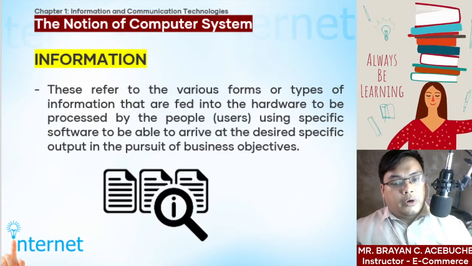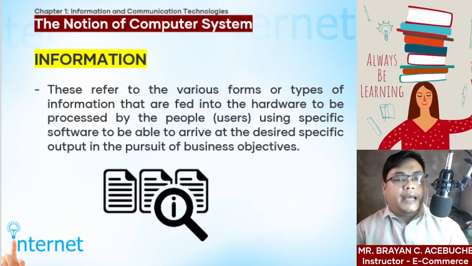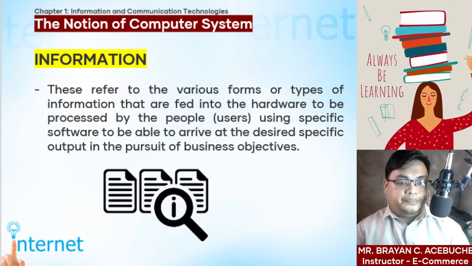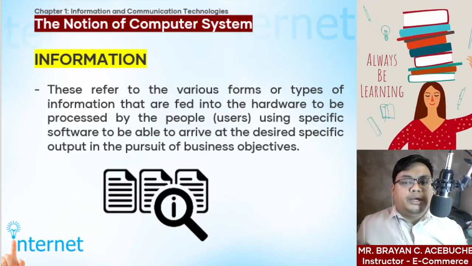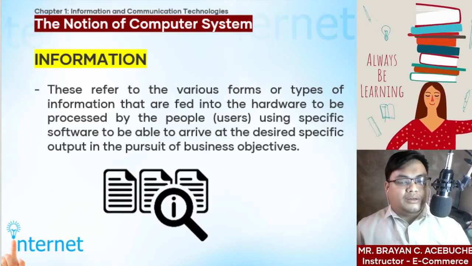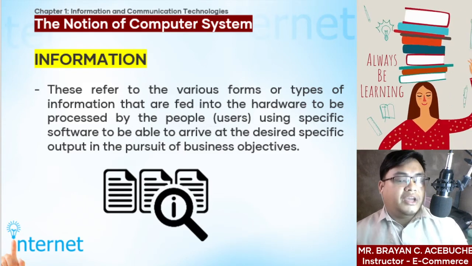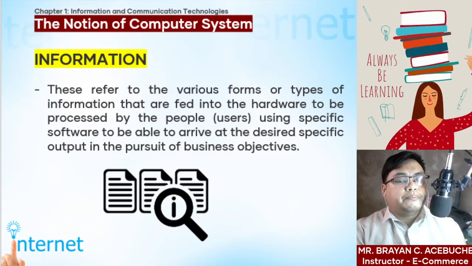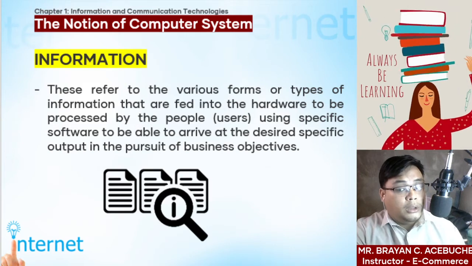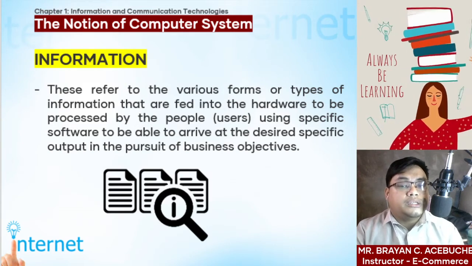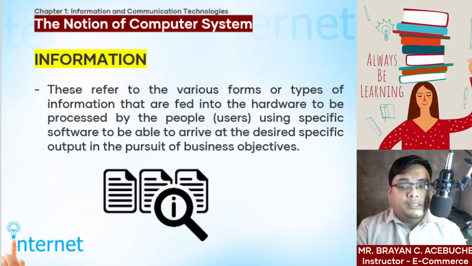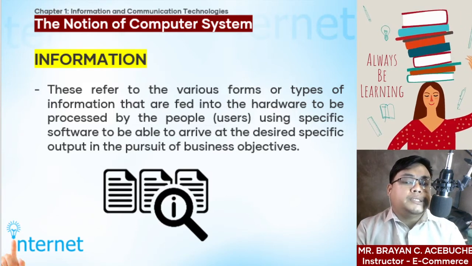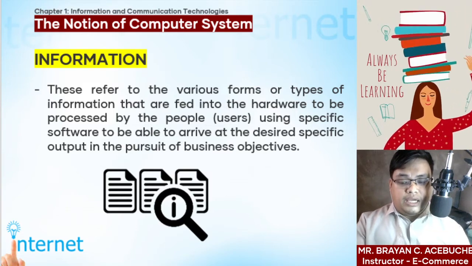Of course, the notion of computer system has information. Okay, so what is an information? So this refer to the various forms or types of information that are fed into the hardware to be processed by the people or the users using specific software to be able to arrive at the desired specific output in the pursuit of business objectives.